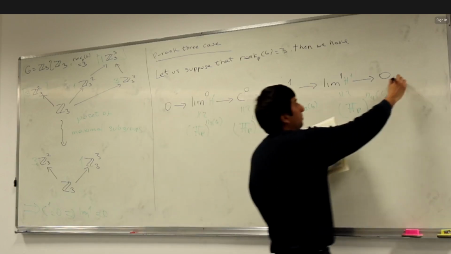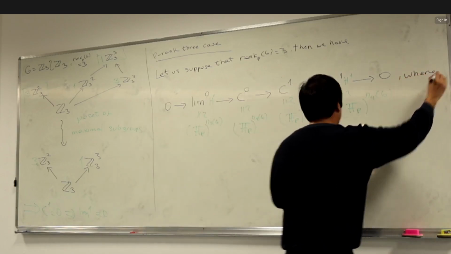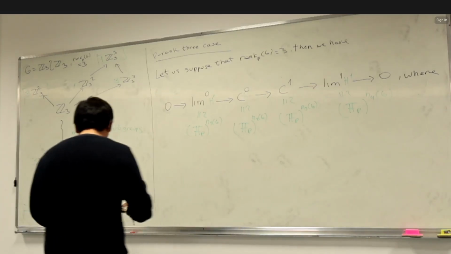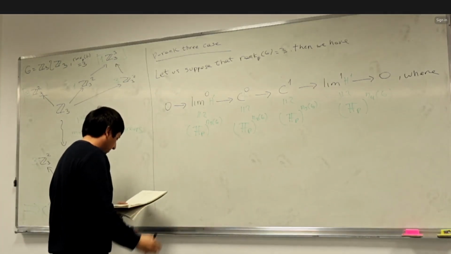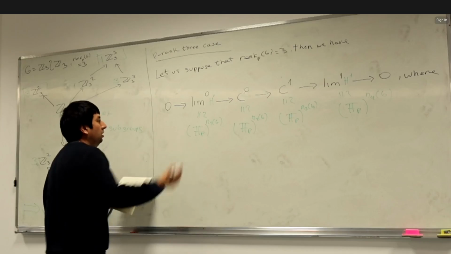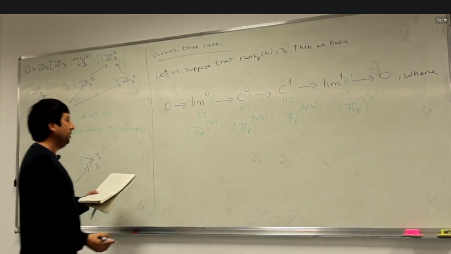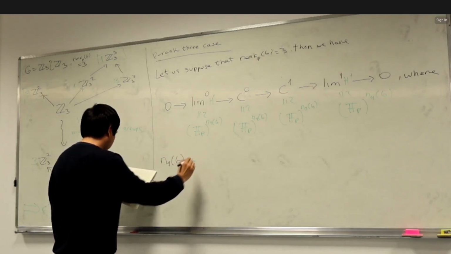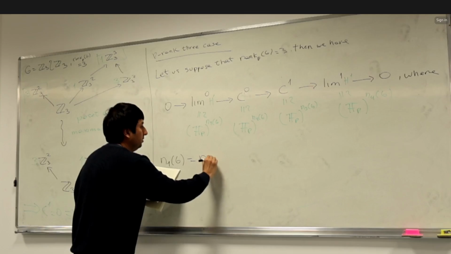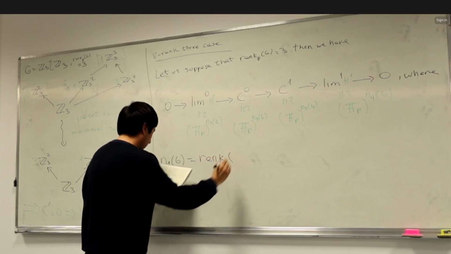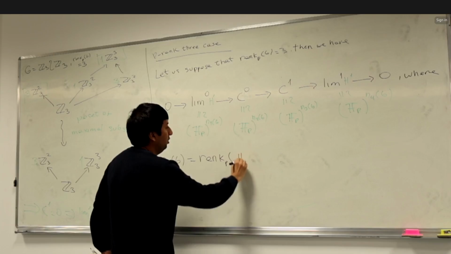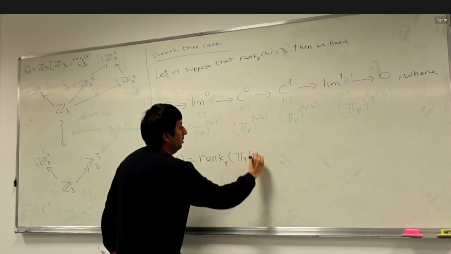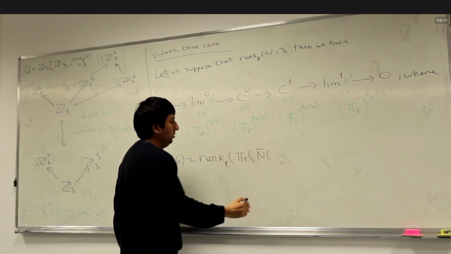Well, we have the following. We can show by, again, the Bousfield-Kan spectral sequence that H1 of G is the p-rank of the fundamental group of this implicit set, the quotient.